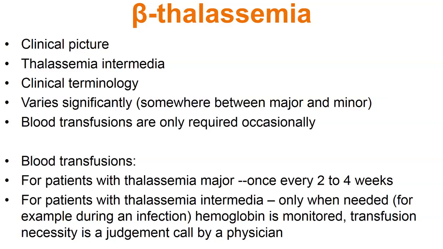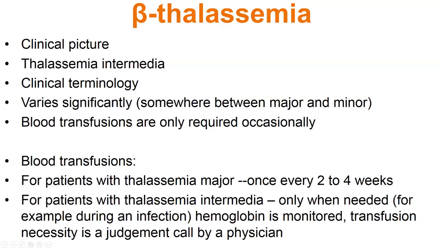So they don't go in, sequence the genes and say, okay, you have intermedia, or you have major. They do it based on symptoms. And we're going to talk about some genetic diseases where it's not based on the molecular defect, but it's based on how the symptoms present. Okay, so that's a clinical terminology, and there can be a wide spectrum between major and minor.